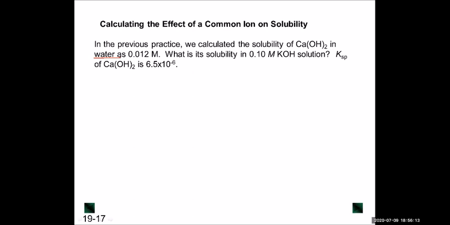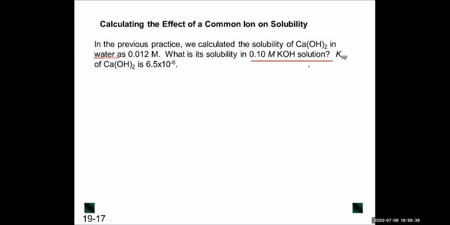Now we have a situation: what if the calcium hydroxide is put into a potassium hydroxide solution? What will be the solubility? Keep in mind the potassium hydroxide is a soluble ionic compound, completely dissociated into potassium ion and hydroxide.